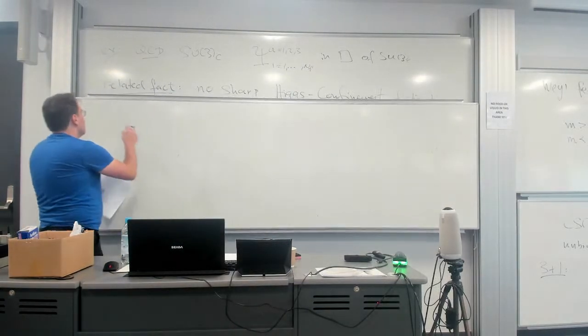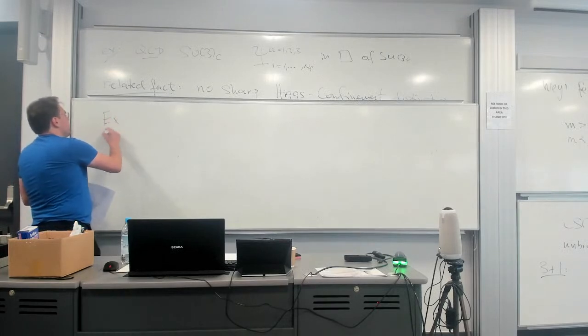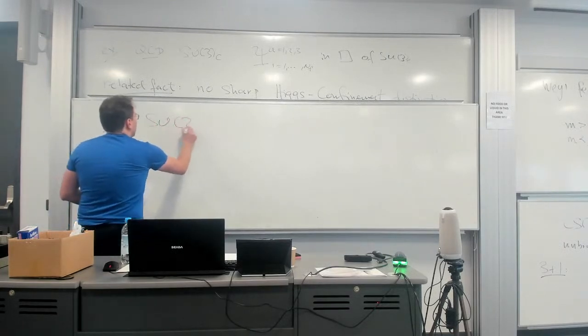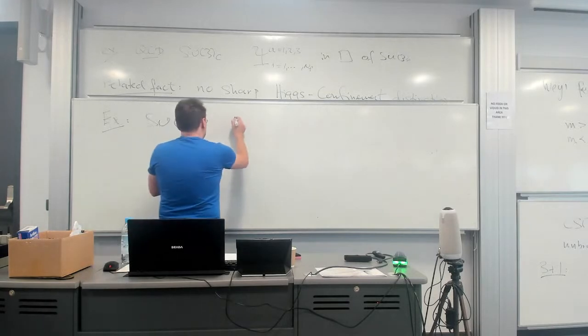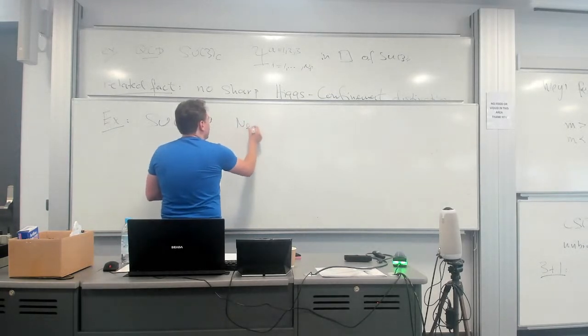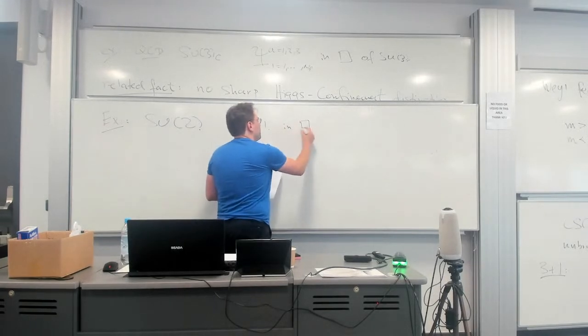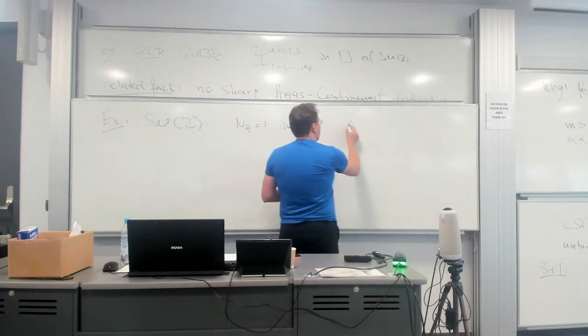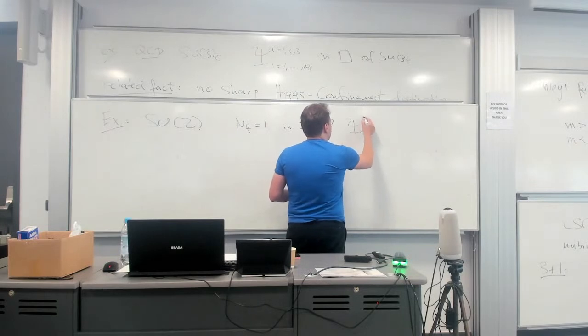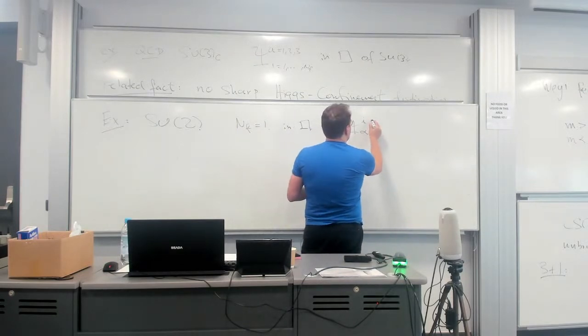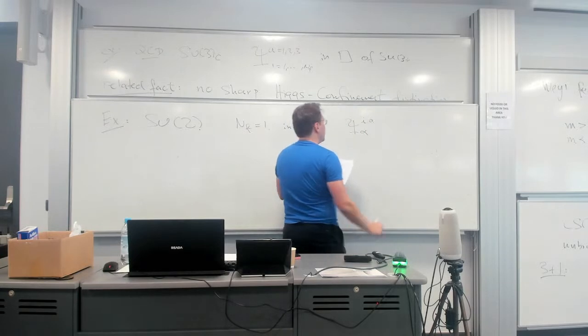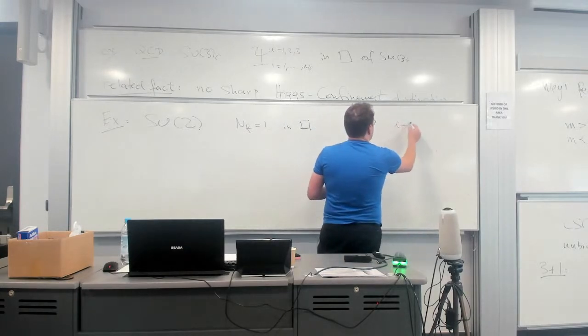So this is an SU(2) gauge theory with what you might call one flavor, or one Dirac flavor in the fundamental. But because SU(2) is pseudo-real, you can repackage that into two Weyl fermions that are fundamentals.